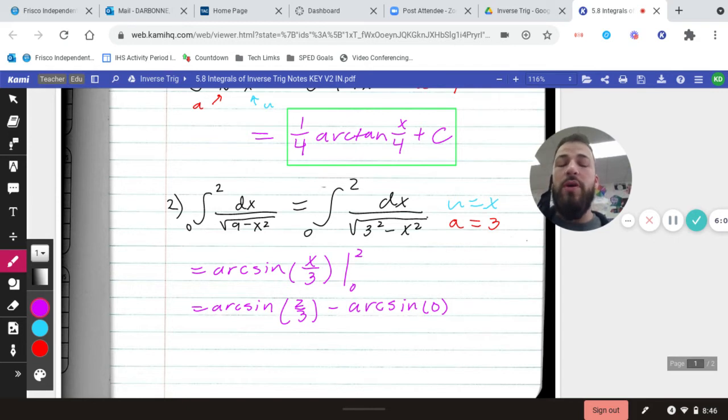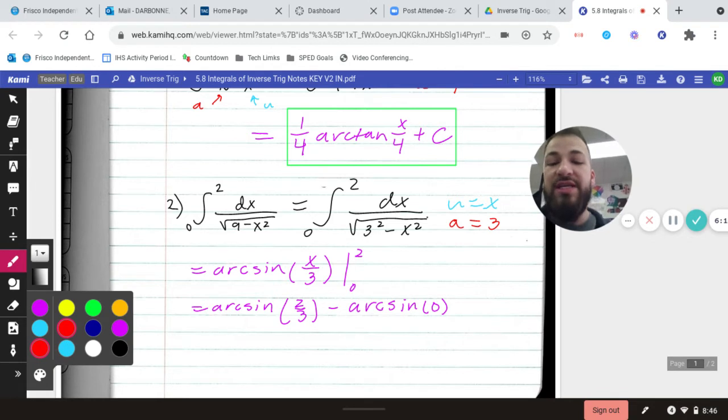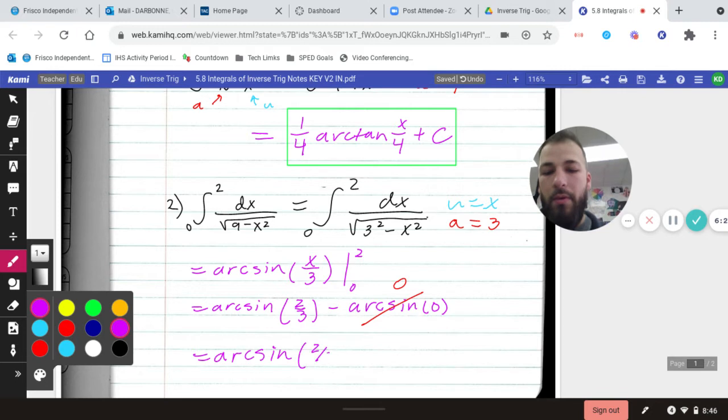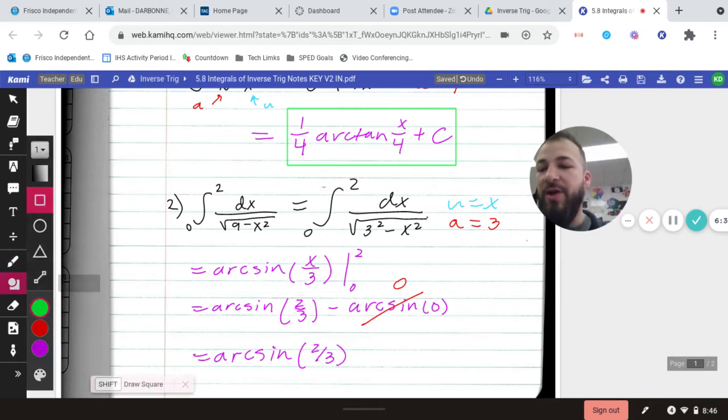So even though 0 and pi are both where sine is equal to 0, only 0 is within that restricted domain of negative pi over 2 to pi over 2. So arcsine of 0 actually does become 0. So my final answer is just arcsine of 2/3 minus 0, which is just arcsine of 2/3. Because I still can't evaluate that, I'm just going to leave it as is.